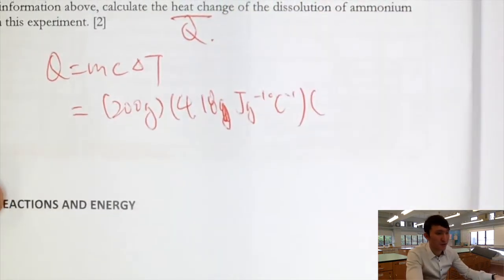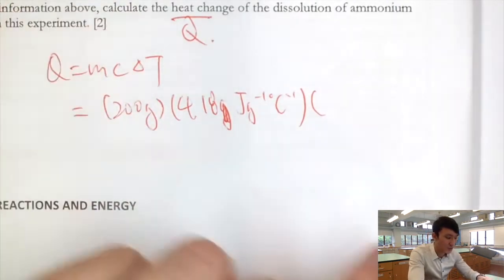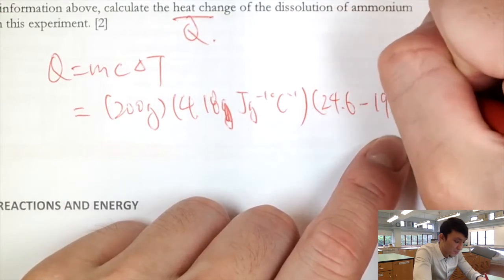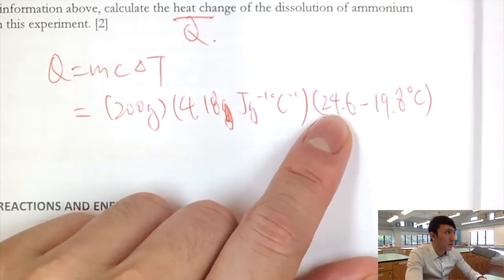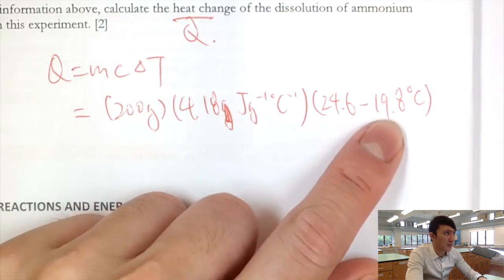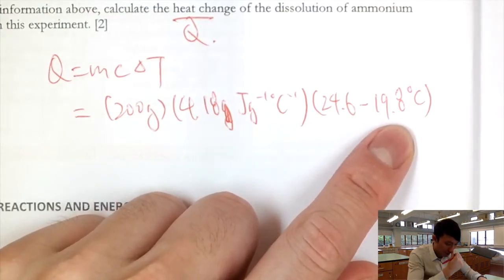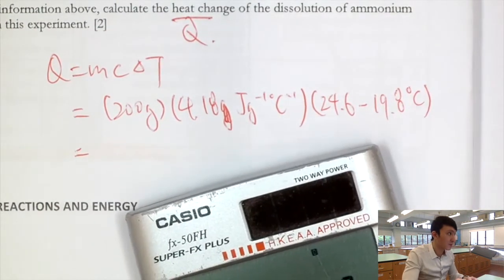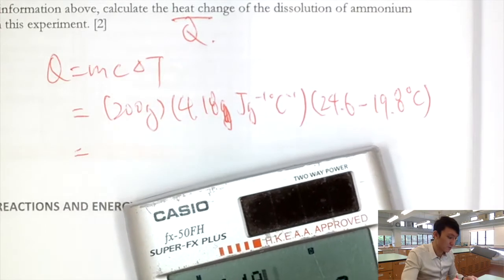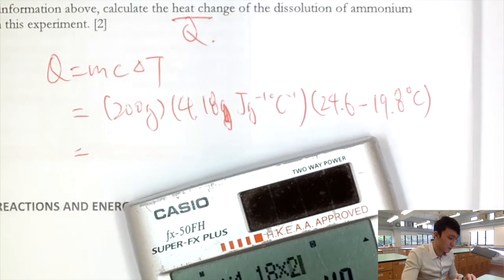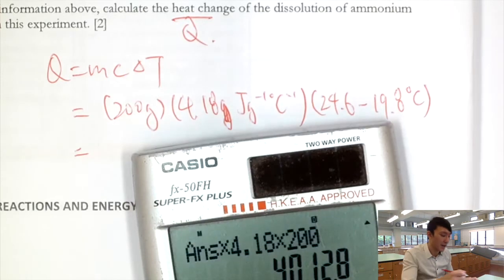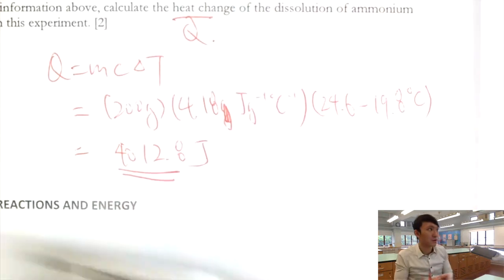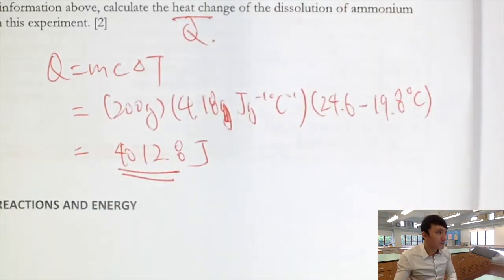And delta T, remember, we want to have a positive number, so we do 24.6 minus 19.8. Okay, and then we will tap the calculator, of course. Okay, so this is what you get. But this is in joule.